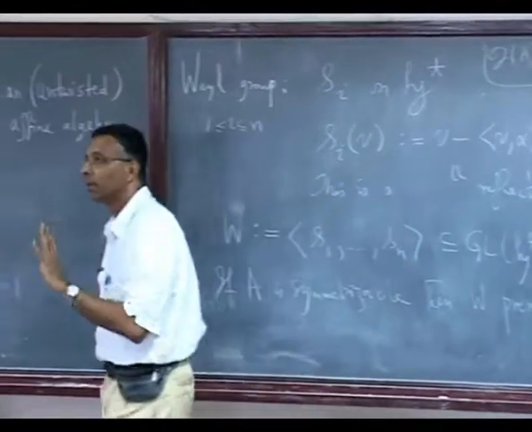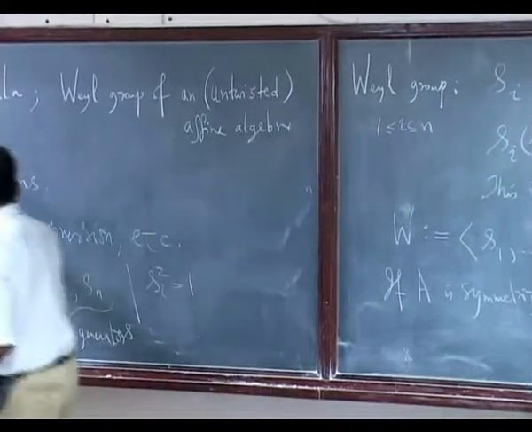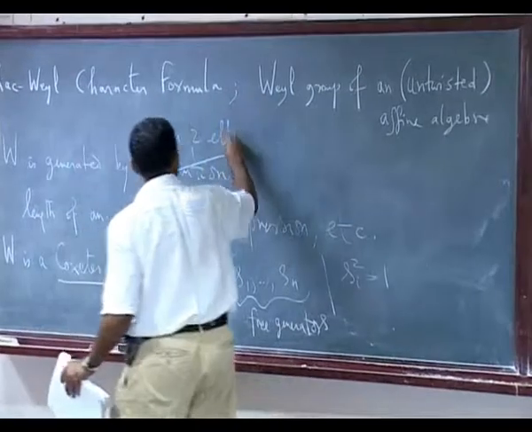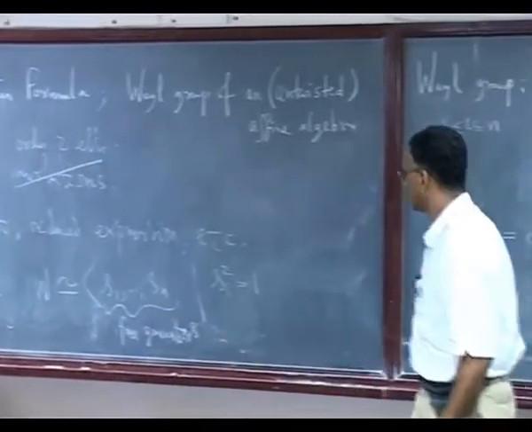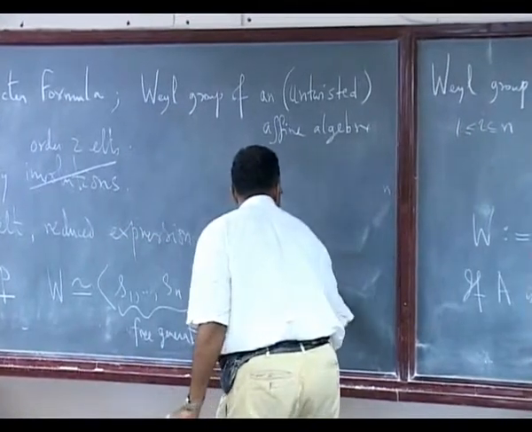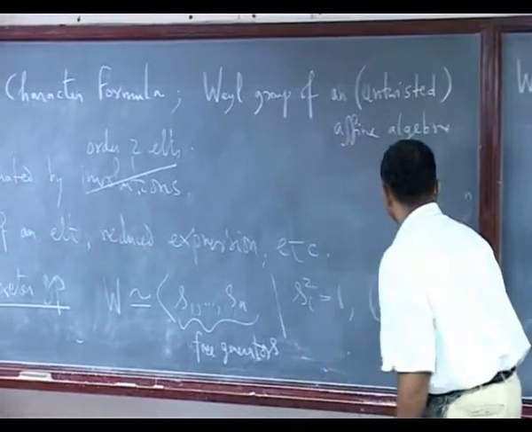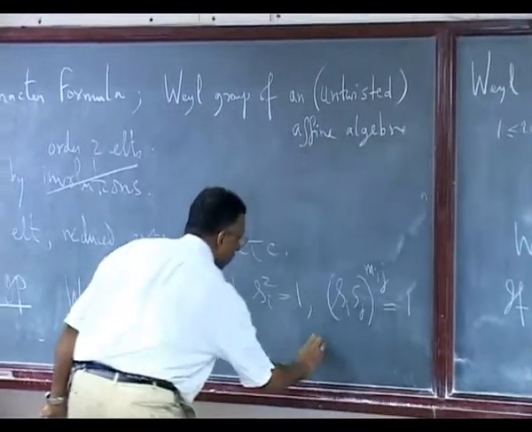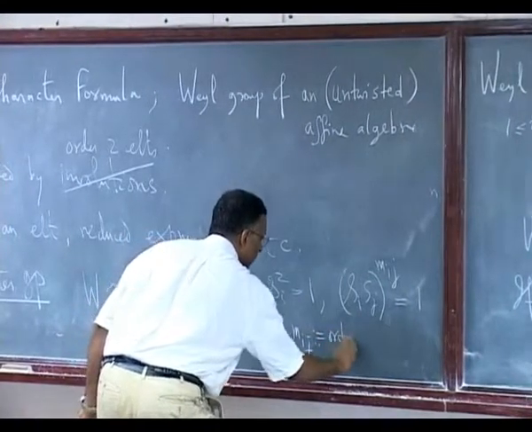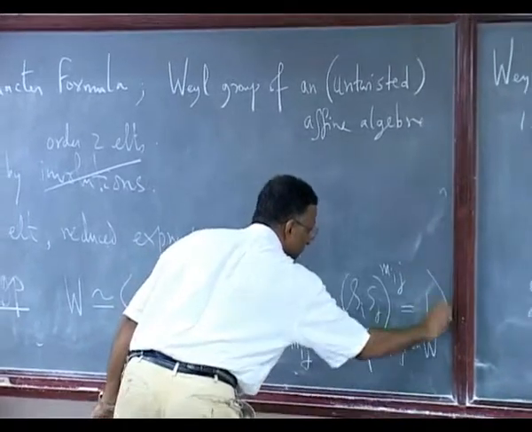Involution, I just meant order 2 element. That's all I meant. That's okay. It's a standard, and the following thing holds. So M_ij, you take M_ij to be the order of S_i S_j in W.